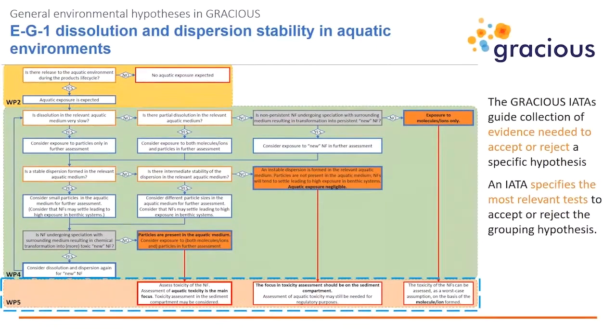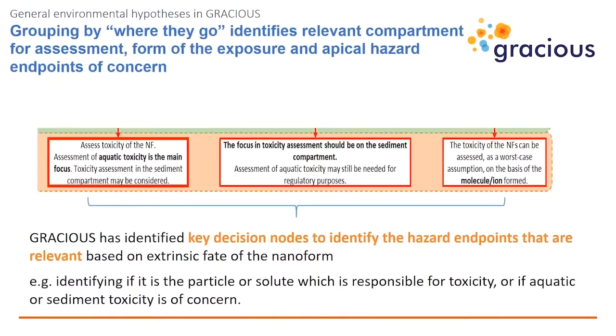Now, if we zoom in on the blue box down at the bottom here, what we can see is how our grouping by where they go, so this is the environmental fate of your nanoform, identifies both the relevant compartment for assessment, the form of the exposure, and the apical hazard endpoints of concern.